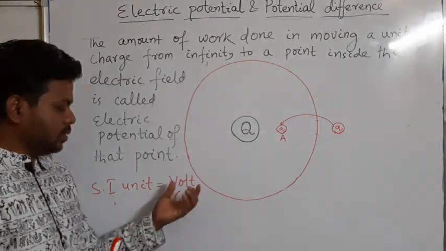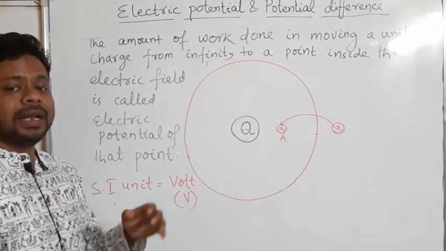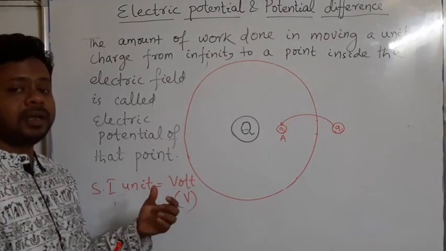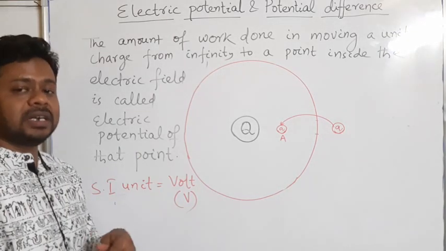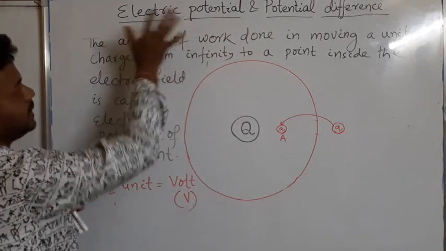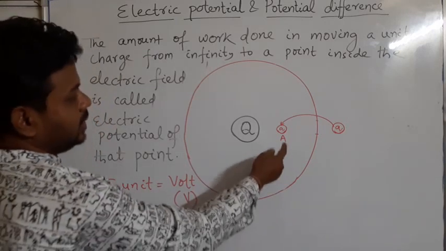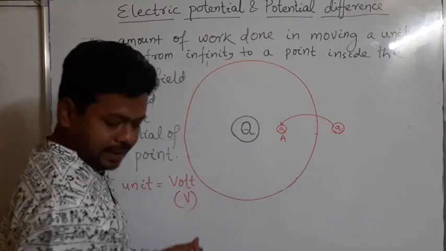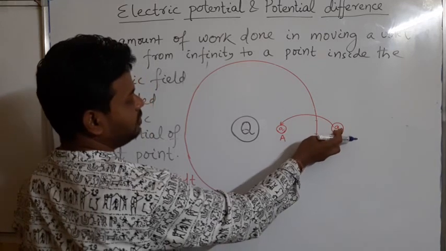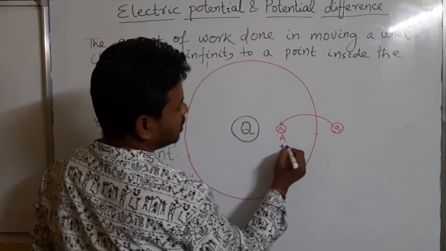As I told before, most of the units used in physics are named after scientists. So volt is the SI unit of electric potential. Let the electric potential of point A be, as I have told, the amount of work done in bringing the unit charge from infinity to this point, termed as electric potential. Let this be 2 volt.